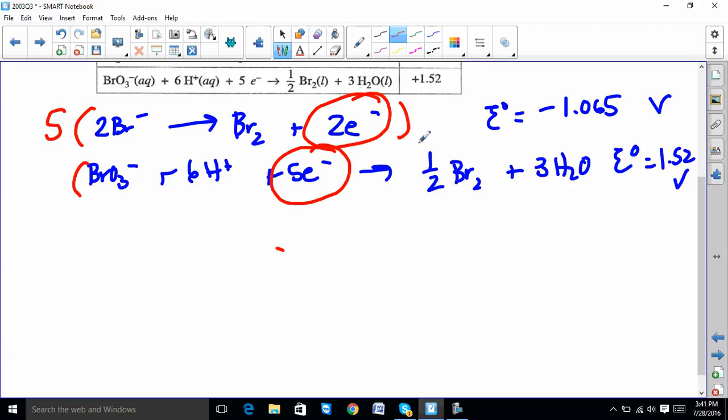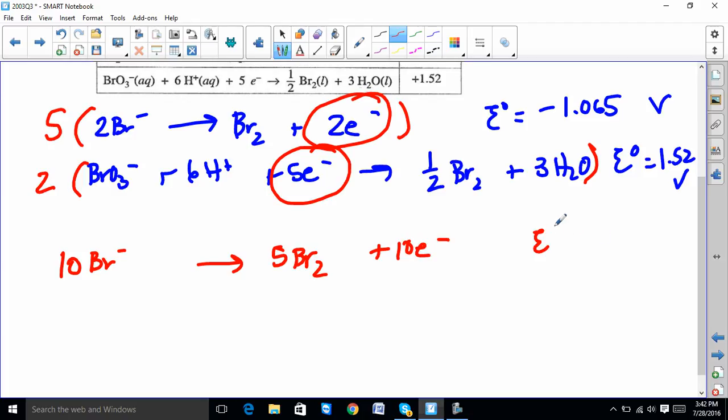And I'm going to have to multiply this whole thing by 2 because 2 times 5 will give me 10. I'm going to do a better job of lining up the arrows. So right now we got 10 bromide goes to 5 bromine plus 10 electrons.